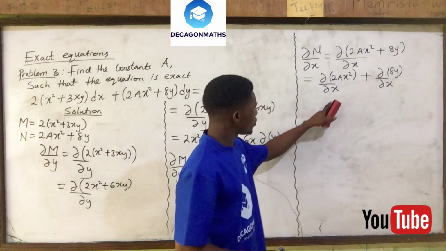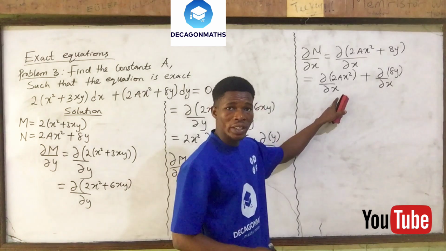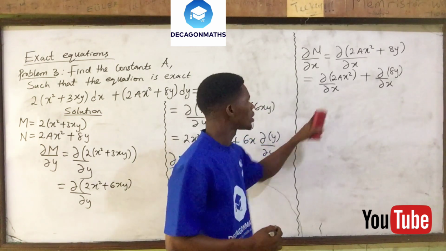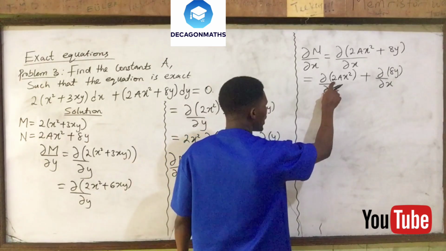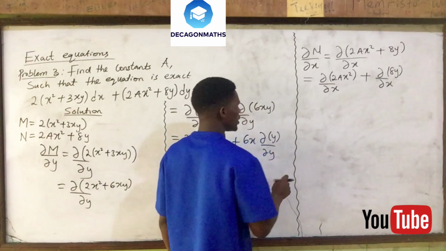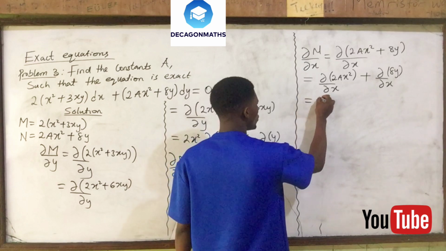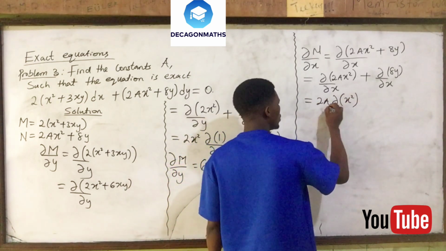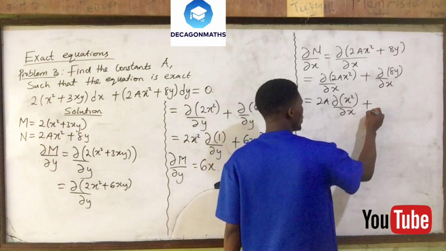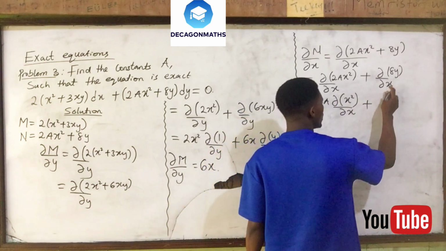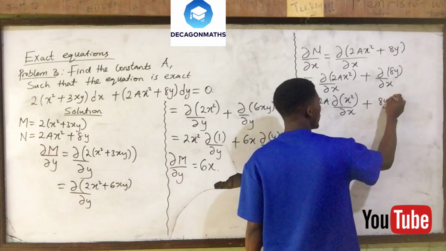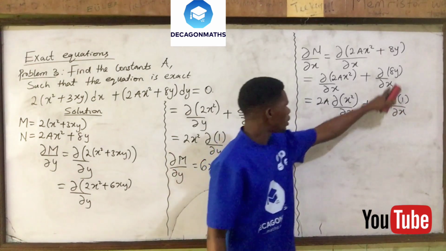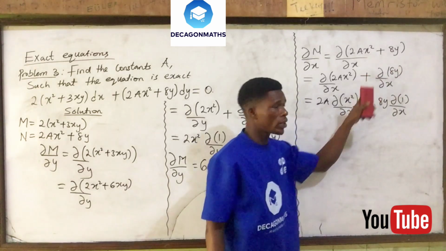Since we are differentiating partially with respect to x, everything that has to do with y will be taken as constant. There is no y in the first term, but 2a are constants, so 2a comes out, and we have x squared with respect to x plus, now 8y will come out because they are constants, with respect to x.